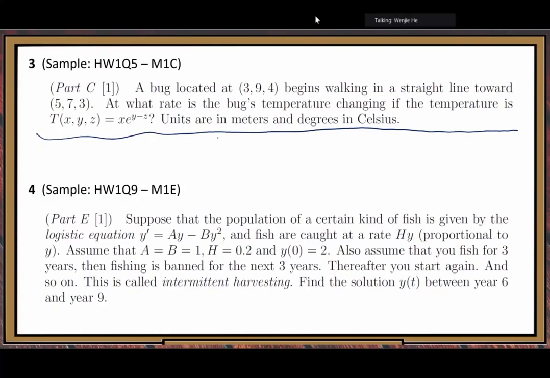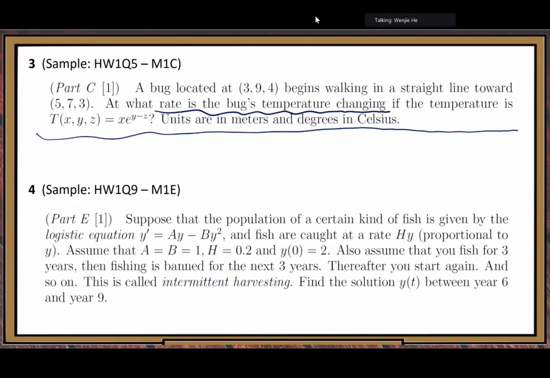I will still ask you to calculate the rate of the temperature changing.